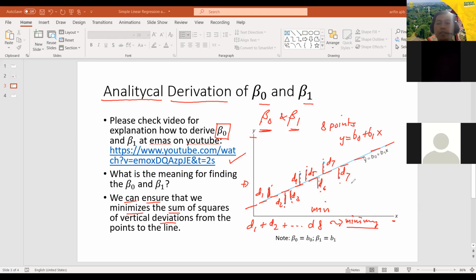Since it is minimum, we can consider this line the best estimator. In other words, beta 0 and beta 1 are also the best variables to make an estimator. Any questions?